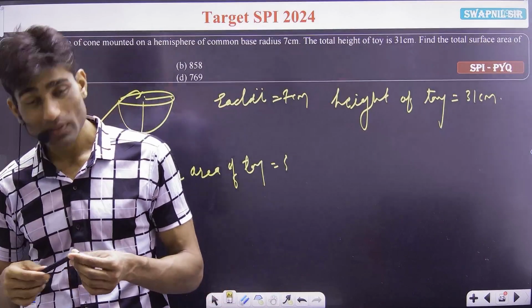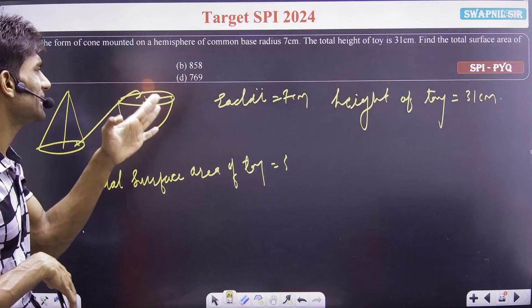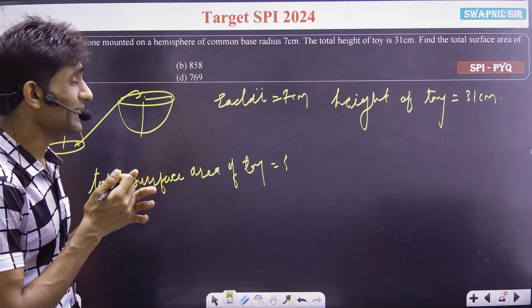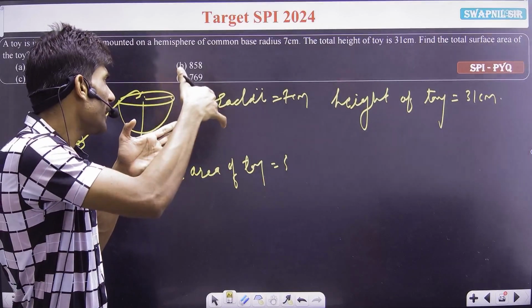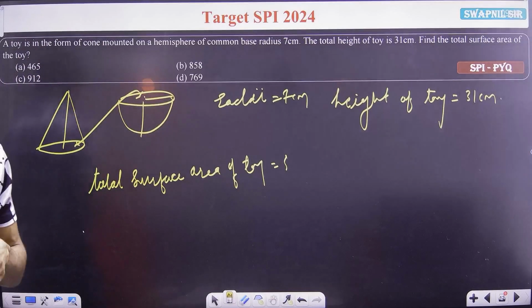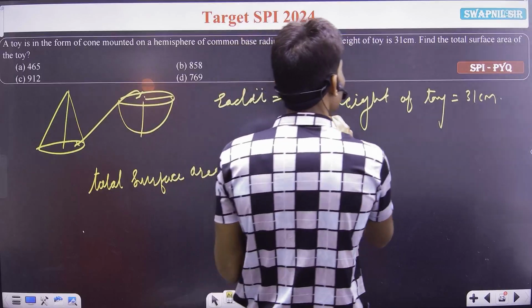First of all, understand the example we have been given. We have radius 7 centimeter and the height of the toy is 31 centimeter. If we subtract the radius from the height of the toy, we get the height of our cone. So let's find it out. The height of the toy we have here is 31 centimeter.